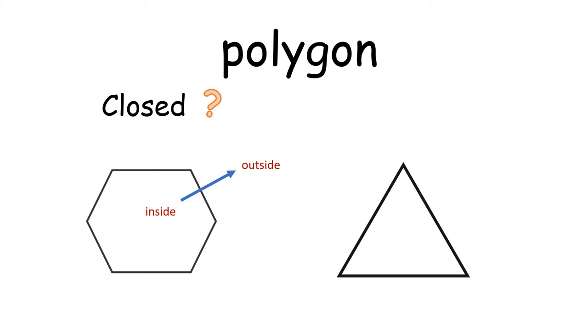The area inside is separated from the area outside the shape. Here is another example of a closed polygon. So the second property for a polygon is to be closed.